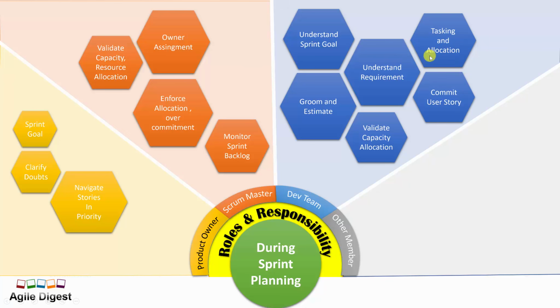They estimate the tasks and then validate capacity allocation, how much capacity they had and how much they are actually allocating to themselves, and then commit the user story. So finally the development team says, okay, we are committing this user story, let's go to the next user story and do the planning for that story.